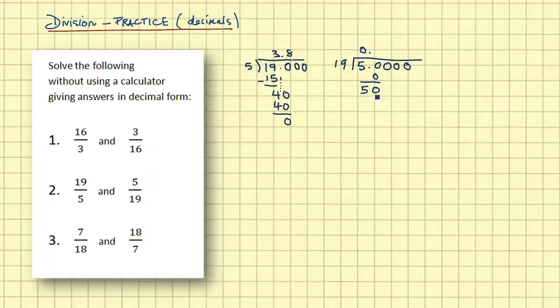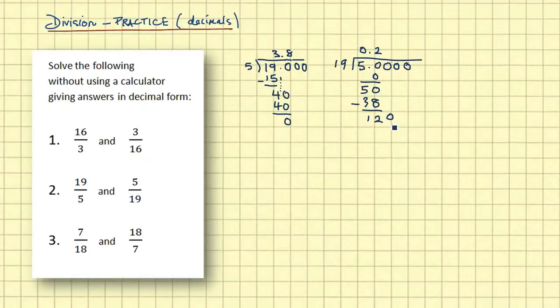So we're straight into the tenths here, and we've got 50 tenths. So 50 divided by 19, well, 2 times 19 is going to give us 38. So we'll have 12 as our next level. We bring down the 0.